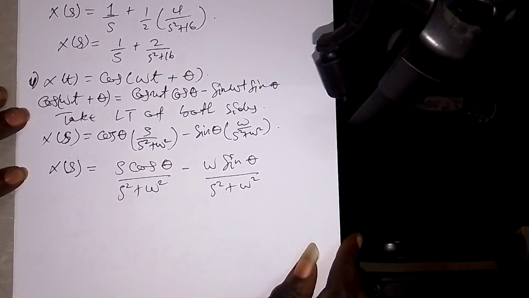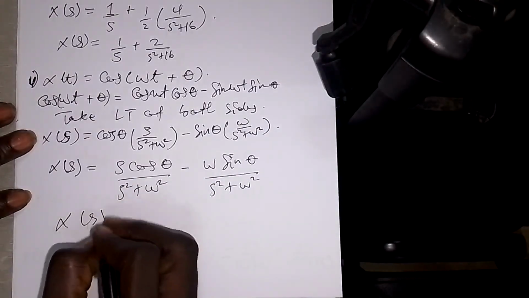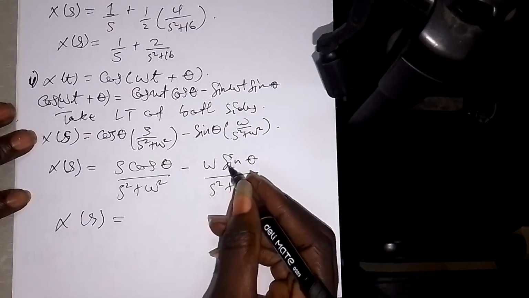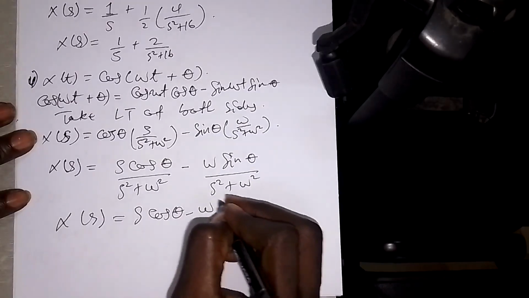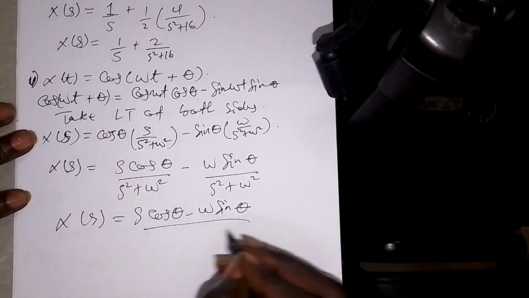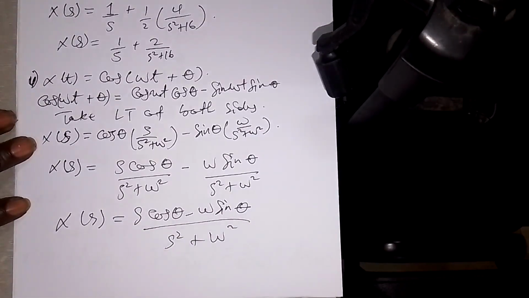So that is it. From here you are done. But if you want, you can also say that s cos theta minus omega sine theta, they have the same denominator, so you can just take one of them, over s squared plus omega squared, as they ask you. From here, you are done for this question.